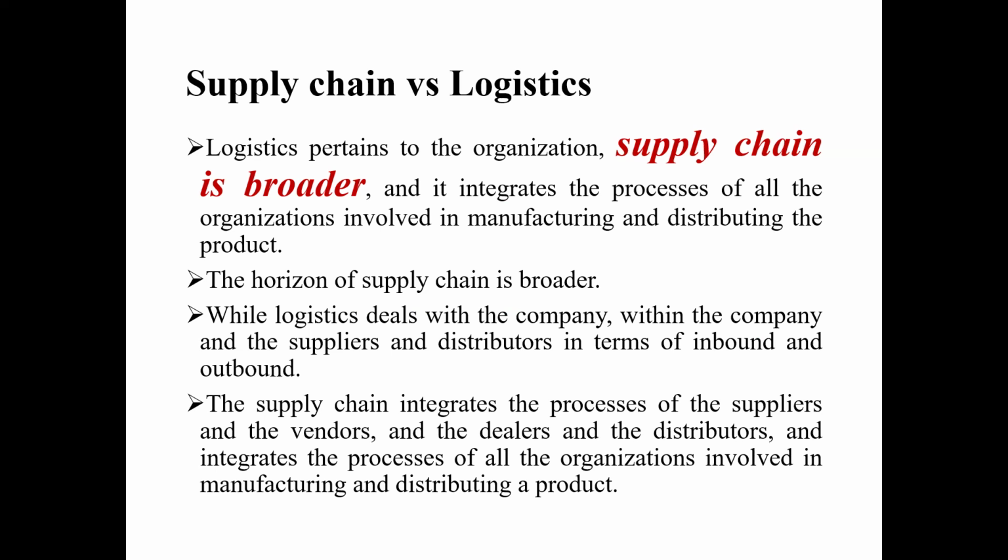Logistic deals with the company and the suppliers and distribution in terms of inbound and outbound activities. Whatever activities are conducted within the company in making the product available to the final consumer will be dealt with by logistics. Whereas the supply chain integrates the processes of suppliers, vendors, dealers, distributors, and all the organizations involved in manufacturing and distribution of the product. So basically logistic is a part of supply chain.